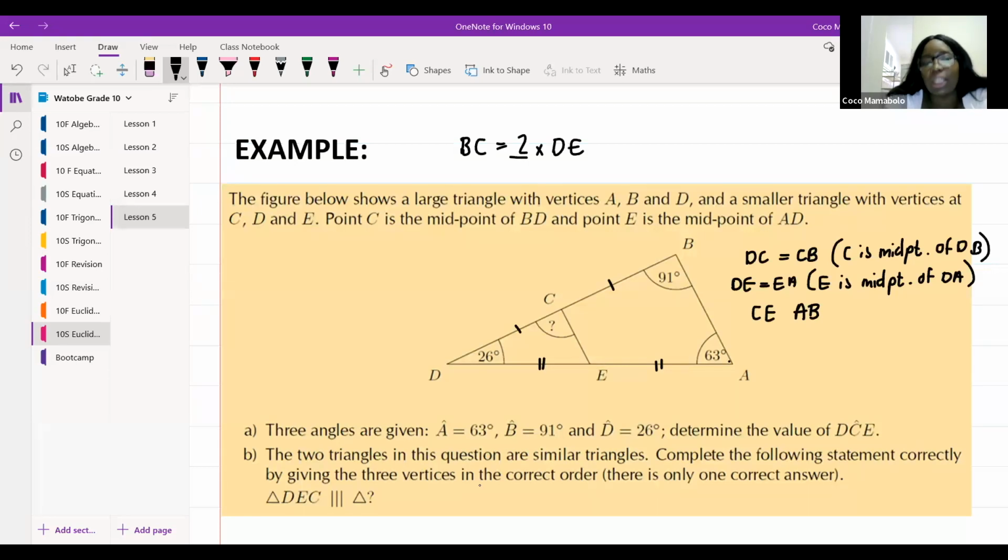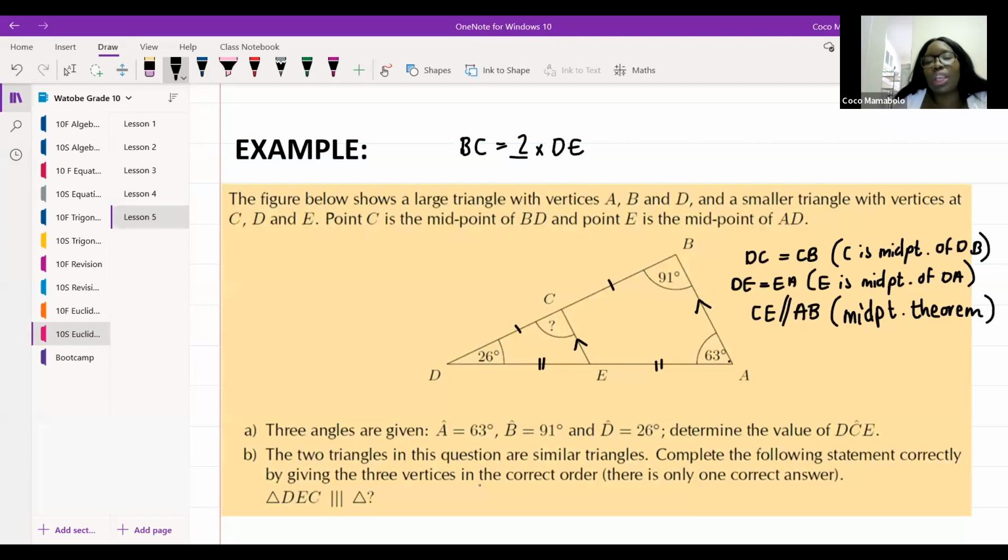That's it, Luyanda. Good. That's it, Zamanzini. That they are parallel. We can say that they're parallel. And the reason we can say this is because of the midpoint theorem. Now we know that CE is parallel to AB.